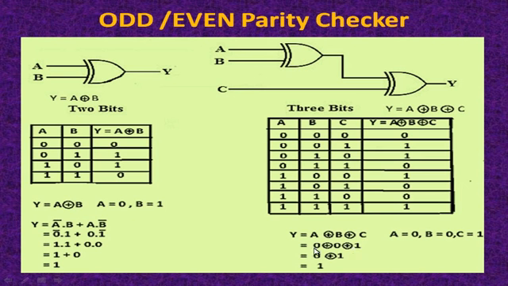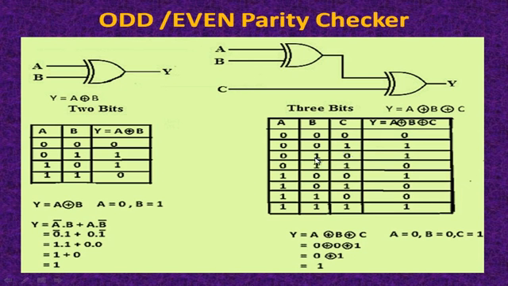As we know, 0 XOR 0 will be 0, and by taking this 1 for XOR, as any one input is high, output will be high. So the output is high when only one input is high out of these three inputs. Means we can say that output is high for an odd number of high inputs.